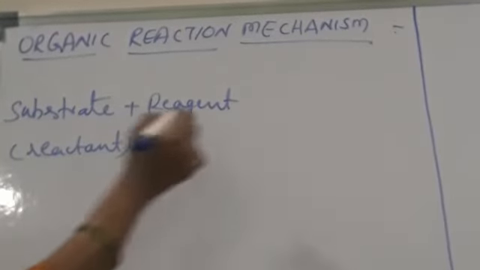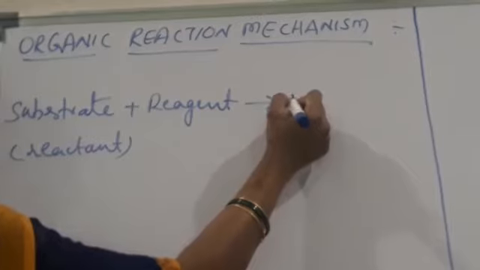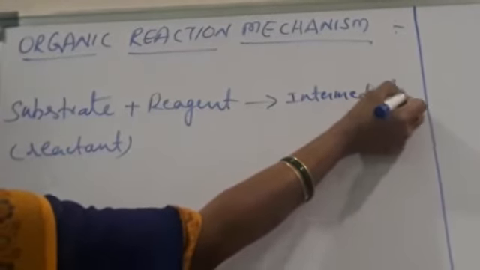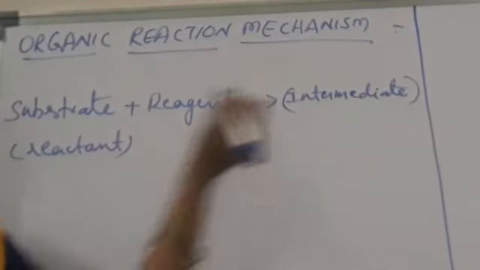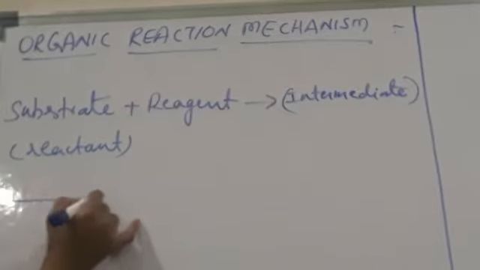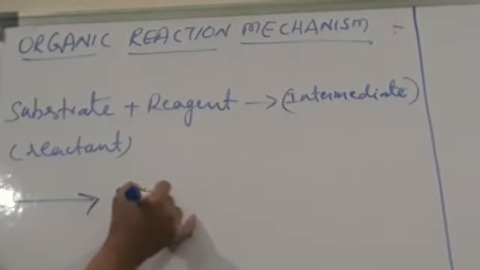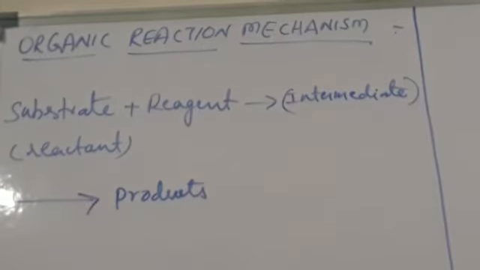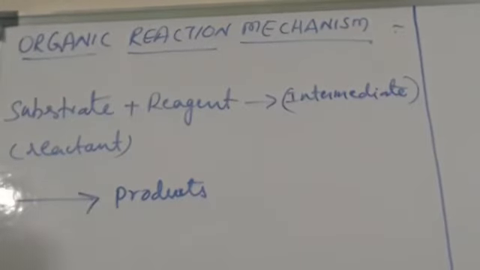Here we first get an intermediate substance, and from the intermediate substance, finally we get products. This is the general reaction mechanism involved in all organic reactions.